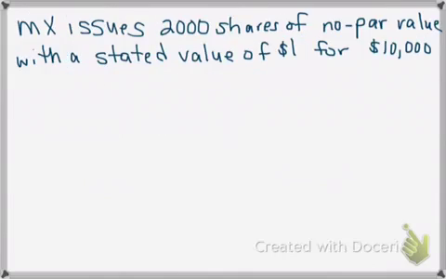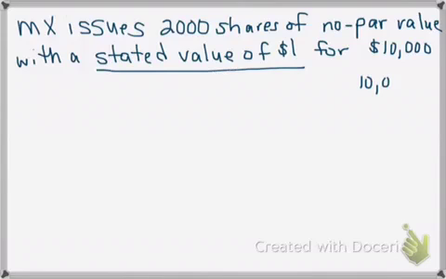The next one says MX issues 2,000 shares of no par value, but it has a stated value of $1 for $10,000 total. So on this one, I have to look at this stated value. Even though it's no par value stock, it does have a stated value. So the way I look at this is, what am I getting?